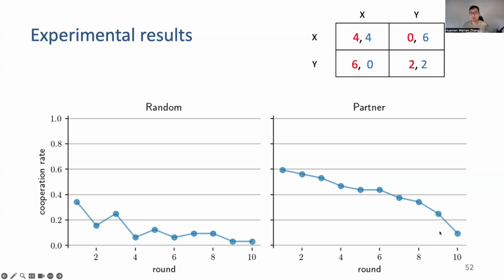The reason, as we discussed in the previous class, why cooperation rate is higher in partner matching is that you can refrain from defection, from choosing Y, so that you are able to expect a higher long-term payoff.